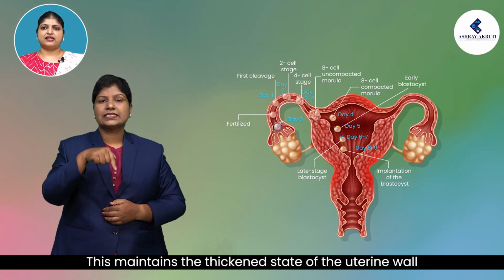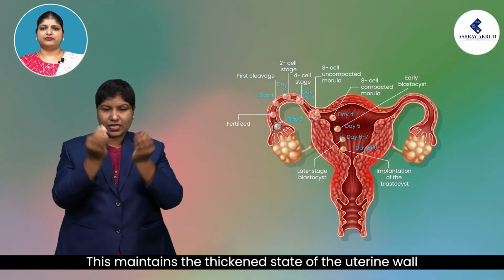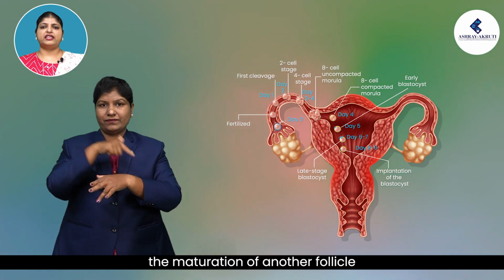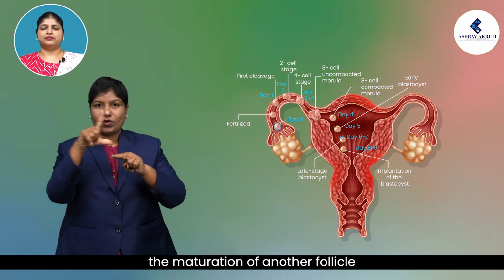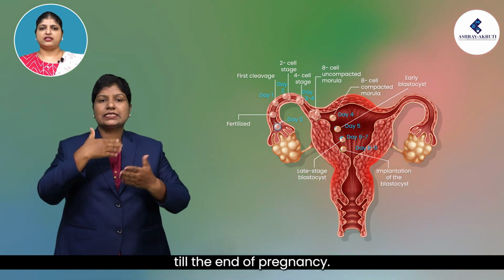This maintains the thickened state of the uterine wall and prevents the maturation of another follicle till the end of pregnancy.